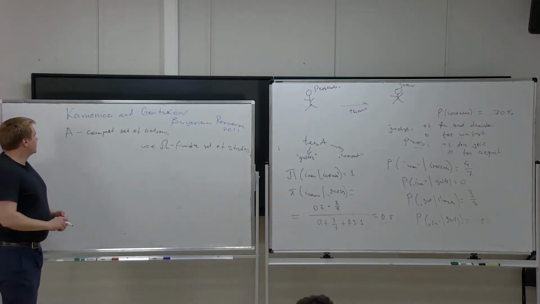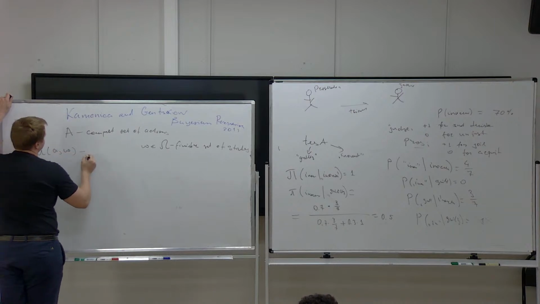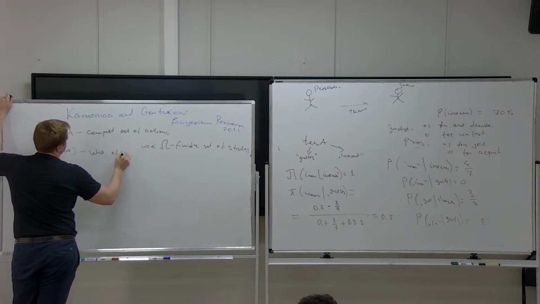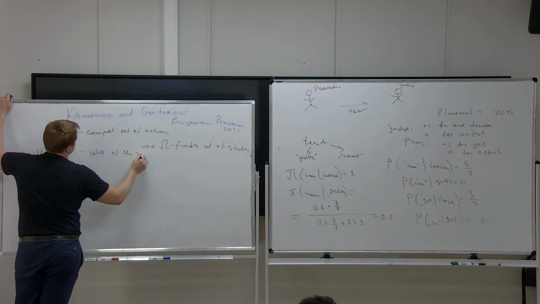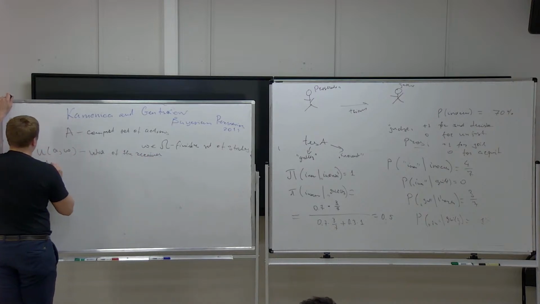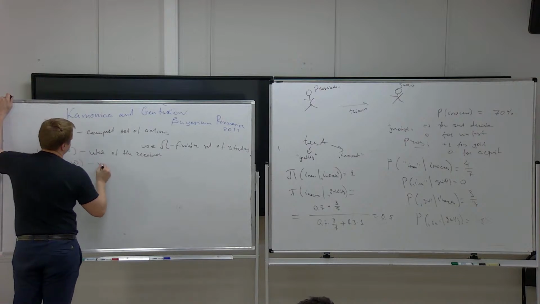And then conditional on actions, we have u of a, omega, which is just the utility of the receiver, and v of a, omega is the utility of the sender.